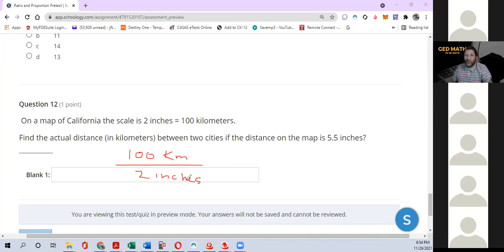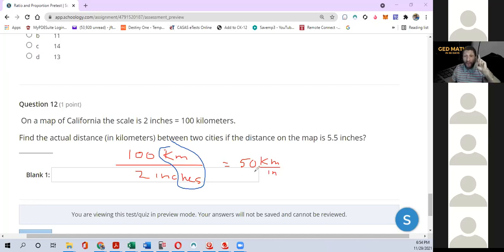Now, there are 2 ways you could have done it. If you set it up this way, you could do unit rate. So if you do 100 divided by 2, that would give you 50 kilometers per every inch. Remember, you keep your measurements here. Kilometers per inch. So 50 kilometers per inch.